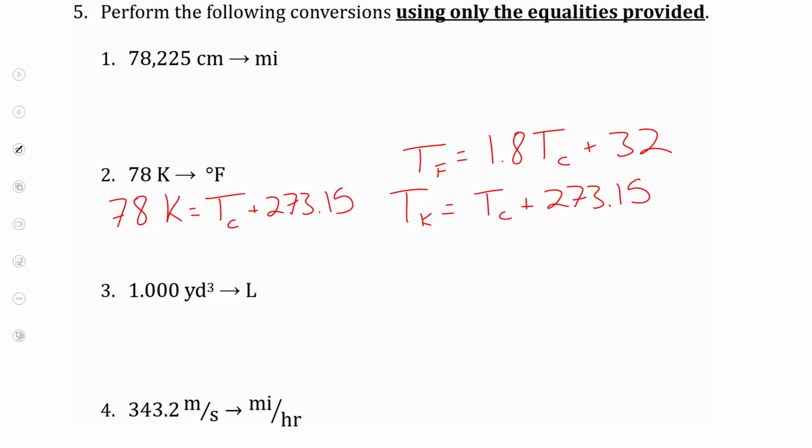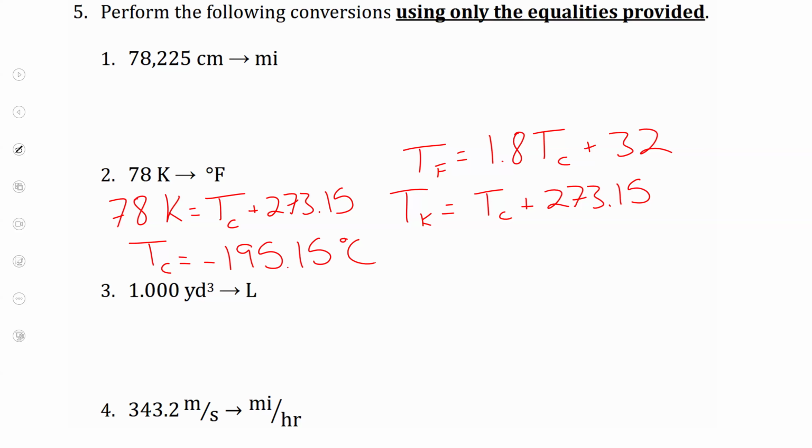To solve for temperature in Celsius, we need to subtract 273.15 from both sides, which is going to give us negative 195.15. Do we get to keep 0.15? Because to get T_C by itself, to solve for it, we have to subtract 273 from this side.